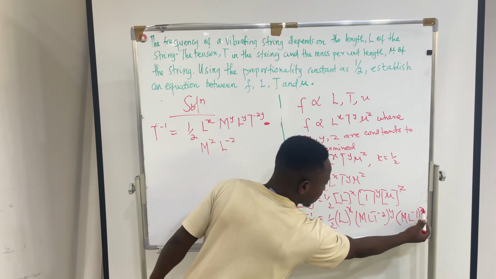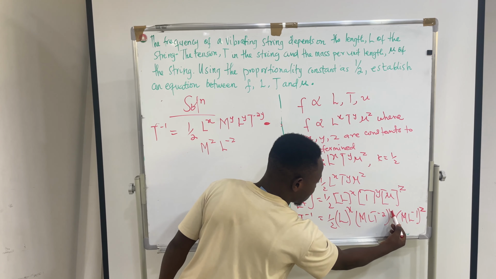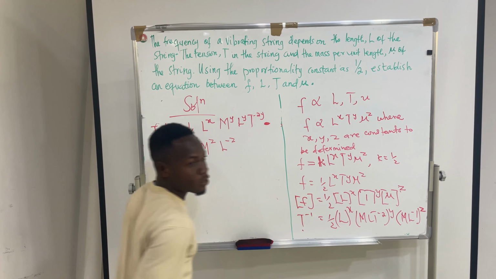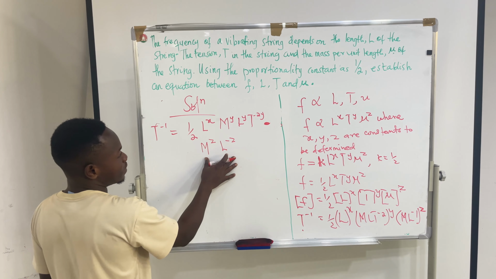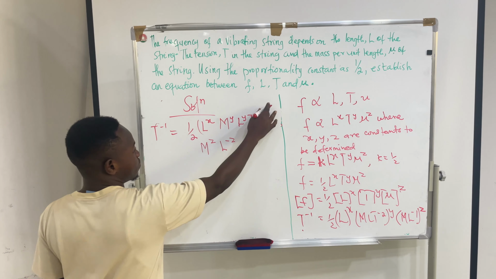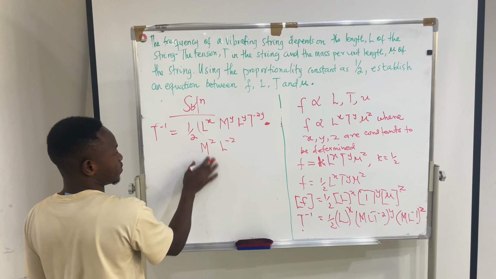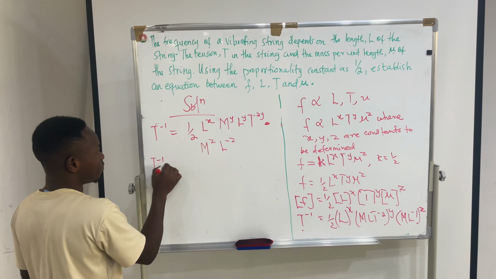See, when I open a bracket, this multiplies this. Whatever is outside the bracket, multiply the exponent of the terms inside the bracket. So this is what I get. And then the whole of this is multiplying this. Okay. So if I continue and I simplify, this is what I'm going to get.